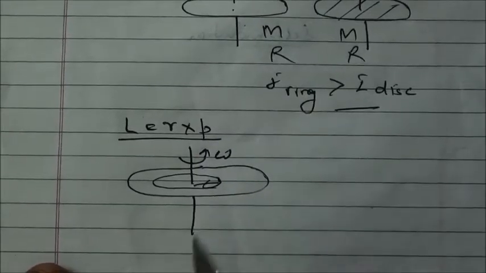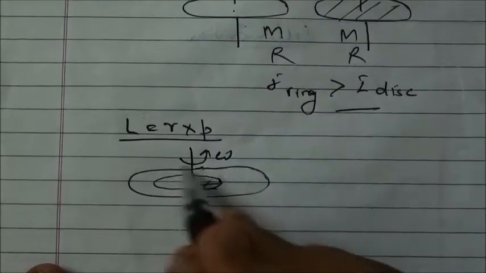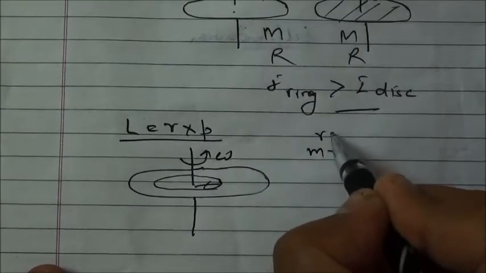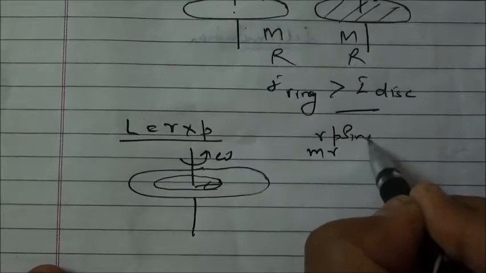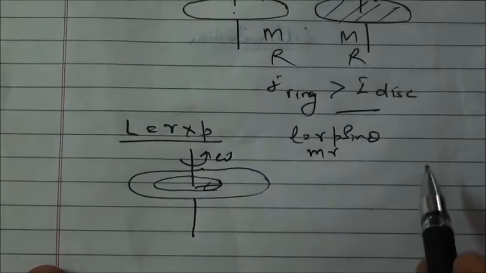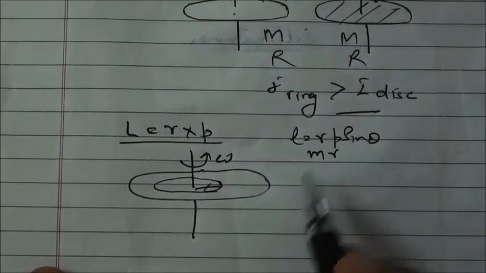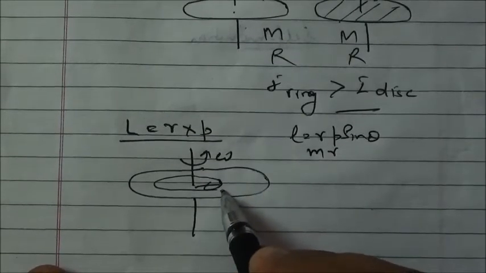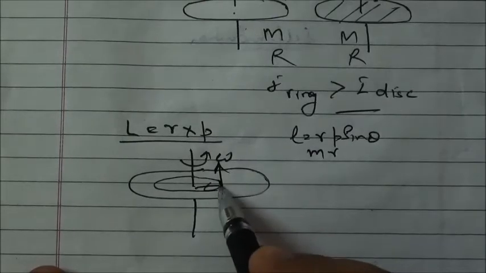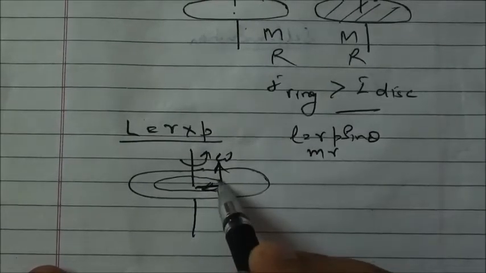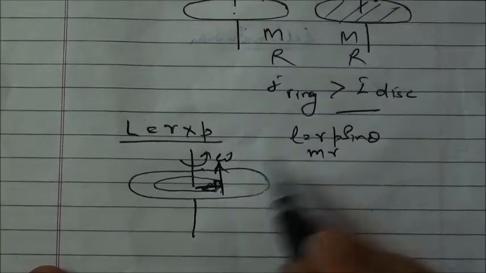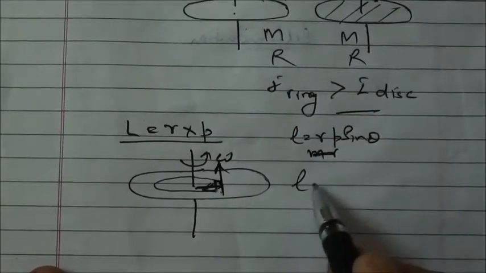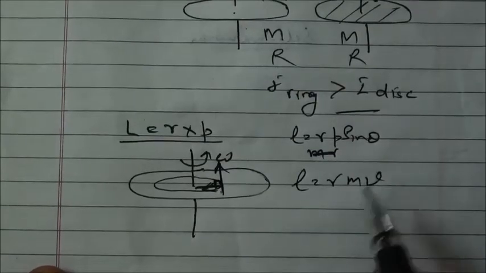So torque will be 0, so it will be moving with constant velocity. And what will be the angular momentum for each particle? r p sine theta, and if there is no tangential acceleration, it means velocity is constant, radial and tangent, the angle between velocity and radius is 90, so individually it becomes r m v.